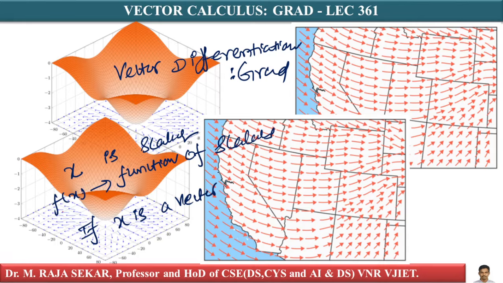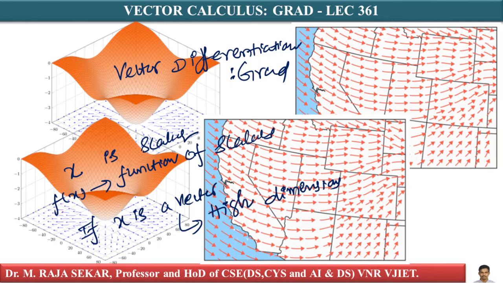Because remember, in the whole of machine learning or data science, we assume things to be vectors. That's the only way we can operate. If it is a vector, you can operate in high dimensions, the high dimensional space, isn't it?